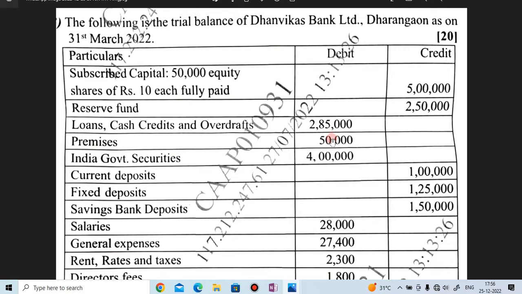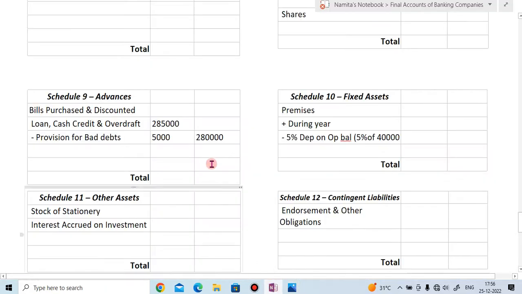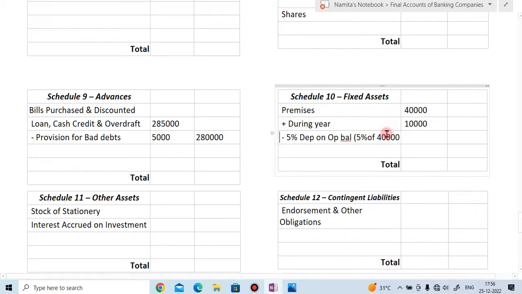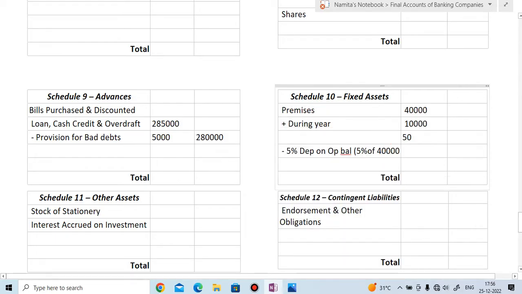That means the actual premises is how much? 40,000. So 40,000 is our actual premises, and 10,000 we have added. So the total premises is 50,000, which is the closing balance.